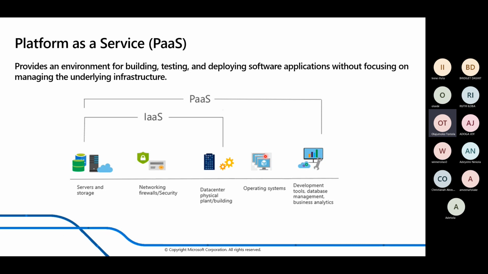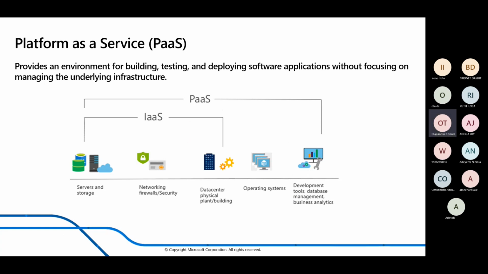The only thing you worry about is just bringing your application to run or test on it. So you don't have to worry about the licensing, you don't have to worry about patching or the operating system. But in infrastructure as a service, you are the one to patch your system. You are the one that is going to maintain the security of your system and all of that. But here you do not worry about patching, so you only focus on using your solution.